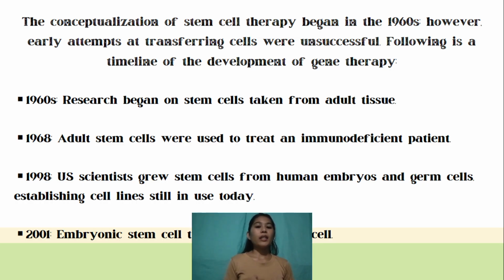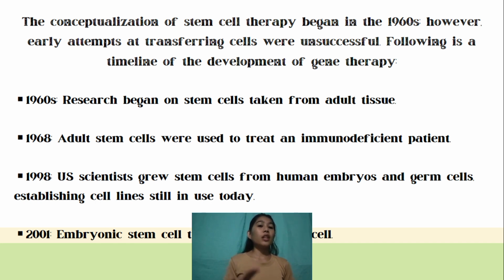The conceptualization of stem cell therapy began in the 1960s. However, early-age attempts at transferring cells were unsuccessful. Following is the timeline of the development of stem cell therapy. In the 1960s, research began on stem cells taken from adult tissue.